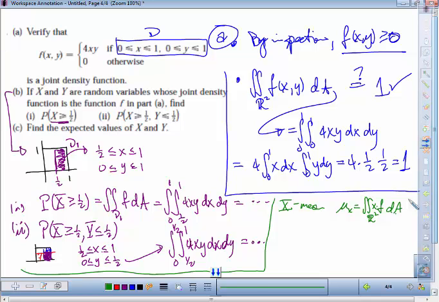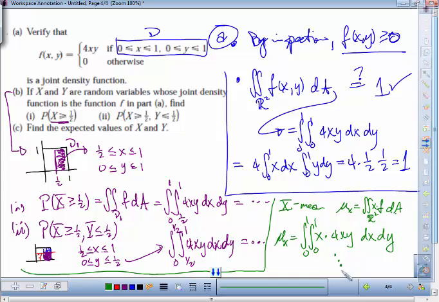Okay? So that is going to be similar to this problem that we just did up here. So mu sub x is going to be equal to this double integral of x times 4xy, and you can combine that to 4x squared y, dx dy, x goes from 0 to 1, and y goes from 0 to 1. And this would just be as easy to compute.